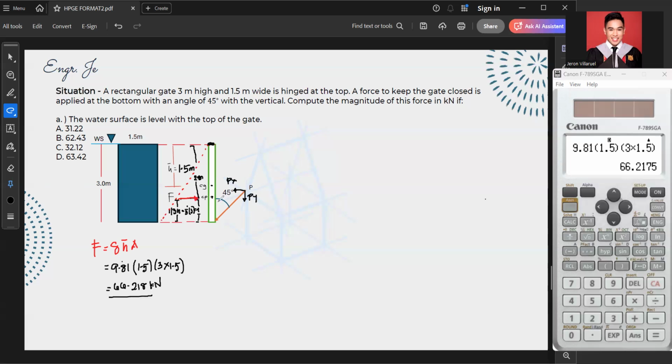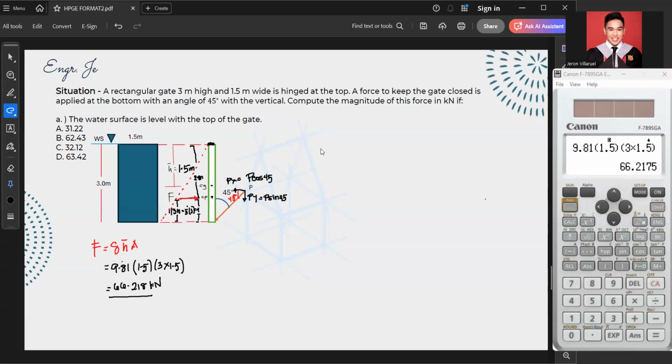Since it is 45 degrees, we can say this is the 45 degree angle. For our Px, we can say that it is P cosine 45 and our Py is P sine 45. We're using the red angle, which is the 45.